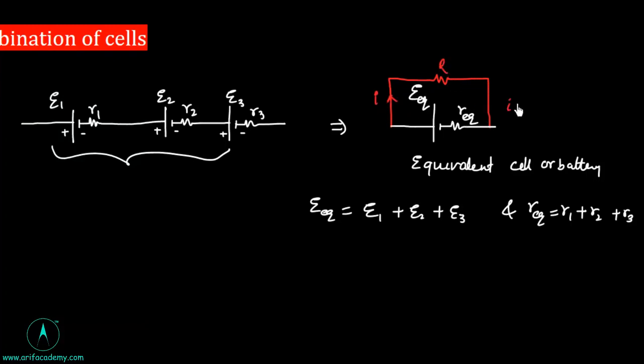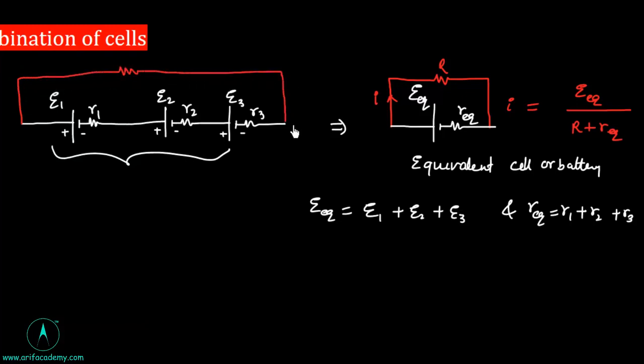So I will be equal to E equivalent divided by R plus R equivalent. First we replace these three cells with the equivalent, and then we solve the circuit to find the current.